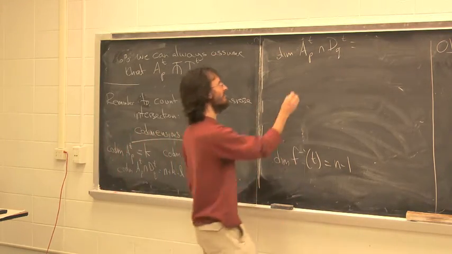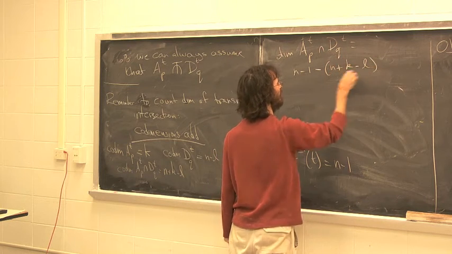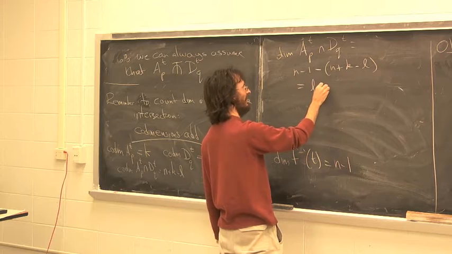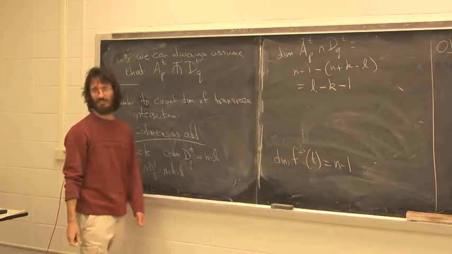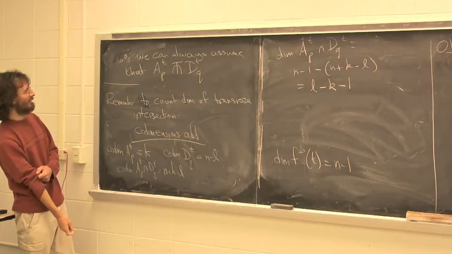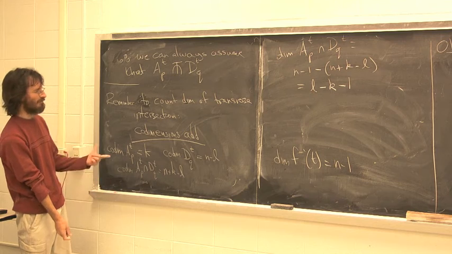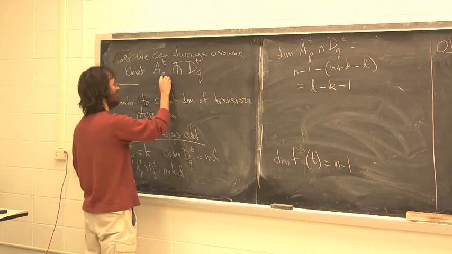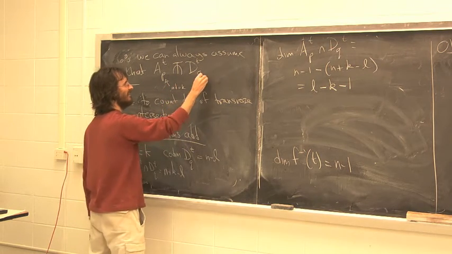So it's n minus 1 minus n plus k minus L, which is L minus k minus 1. Sound good? And which one was L and which one was K? It's alphabetical, right? K, L, P, Q. Okay, so this is index K. This is index L.